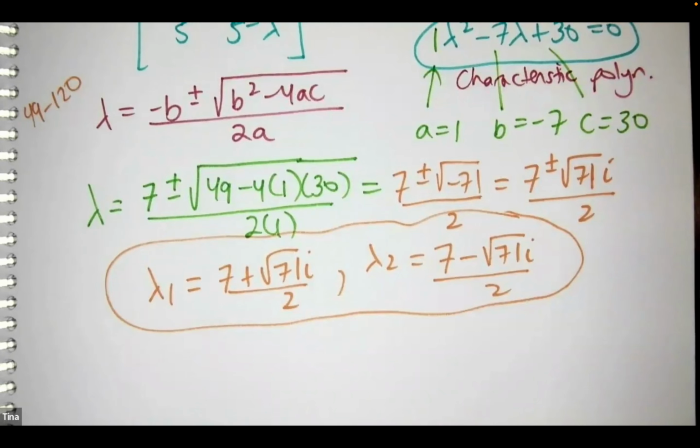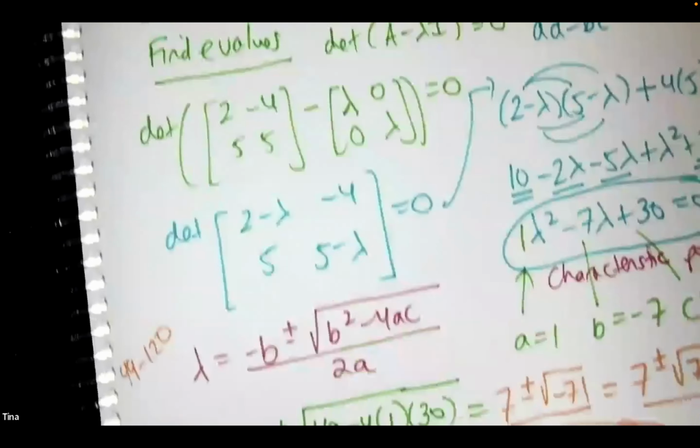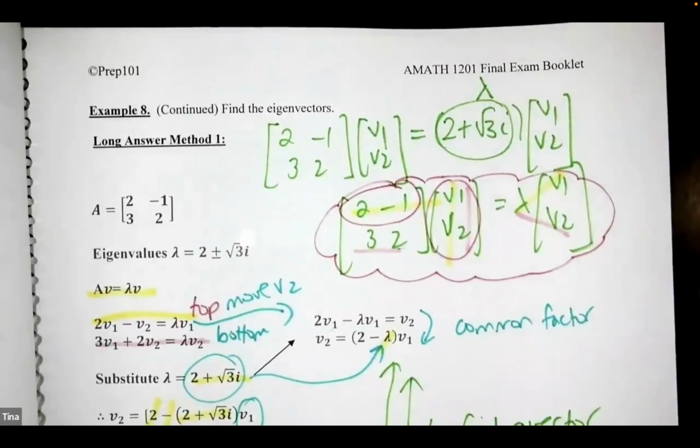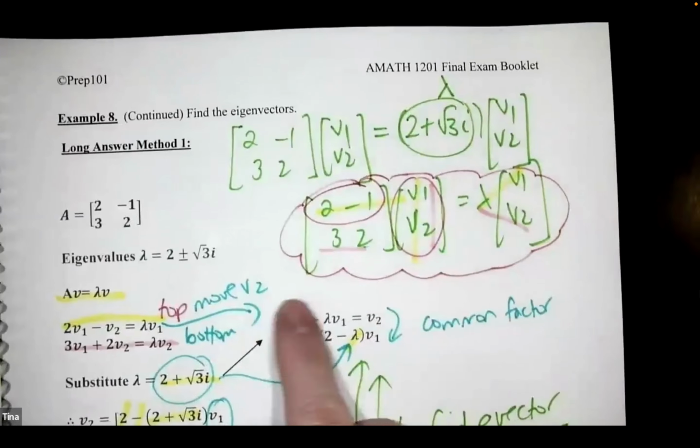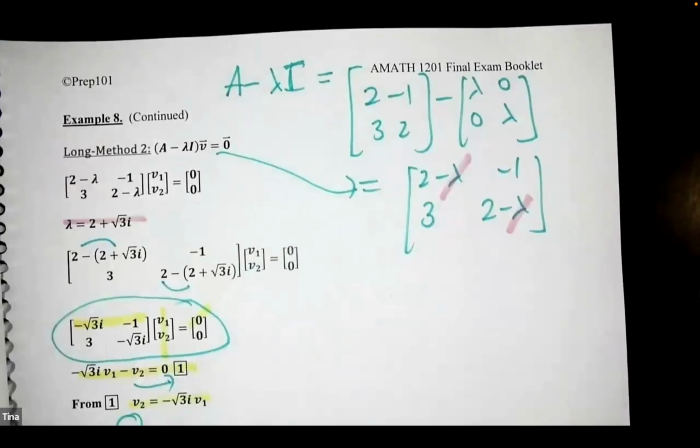Okay, so I'll put up two different long answers. What I want you to do is think about which one you liked better. One of them, we did on page 262, where we rearranged it with lambda in general first and then put the lambda in.